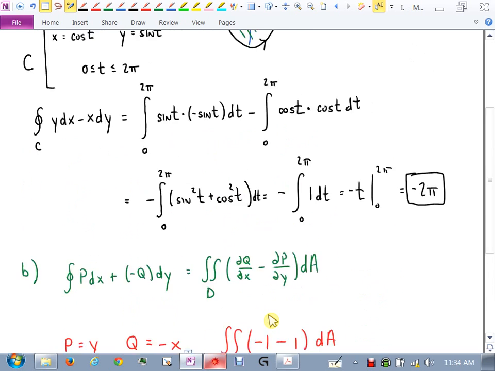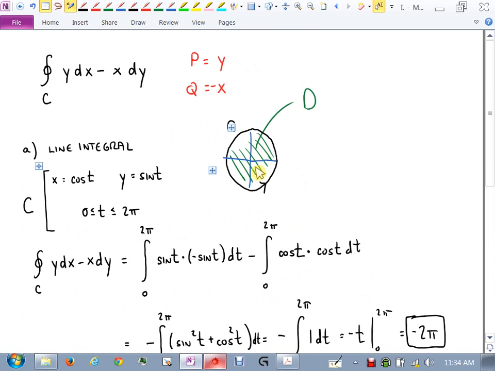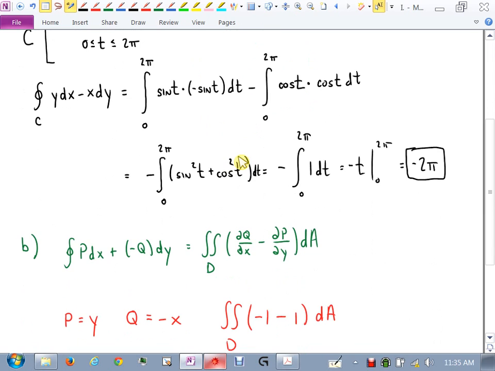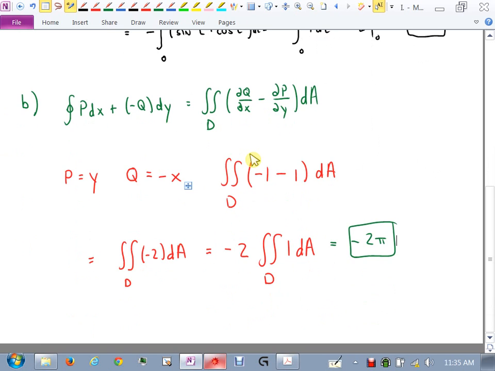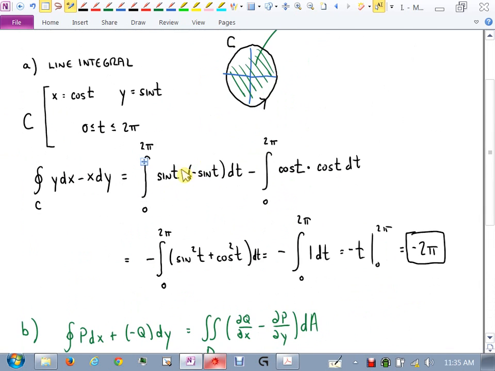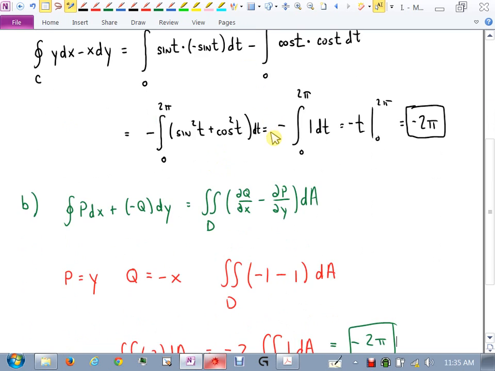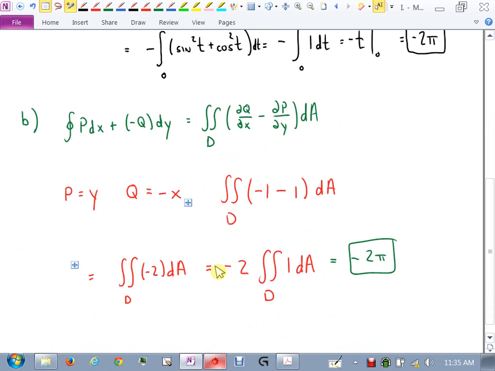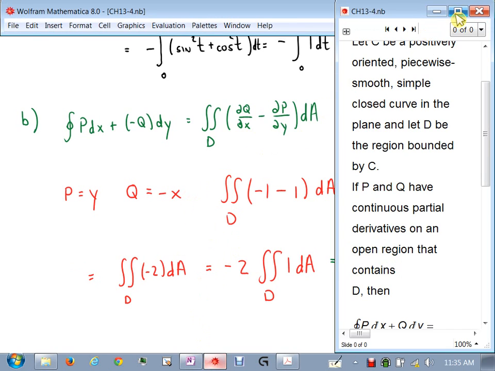You would probably look at this and say, this is a polar region, so you'd use a double integral in polar coordinates. Don't worry, we'll have an opportunity to practice that on the next example. So this was just to illustrate how a problem that wasn't too bad became almost trivial with Green's theorem. Let's look at our next example.